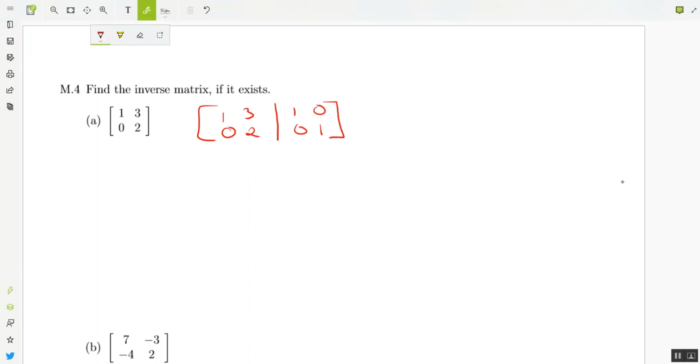And now I need to make it so this side has a bunch of ones and zeros. If you look at my first column, that looks really good. 1 0 looks good. This one I need to change into a 0 1. So when it comes to strategy with these, think of a kind of backwards N. Make this one work first, and then that, and then that. I know that sounds crazy looking, but that's the order you have to do it in.